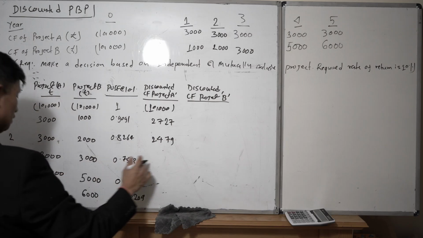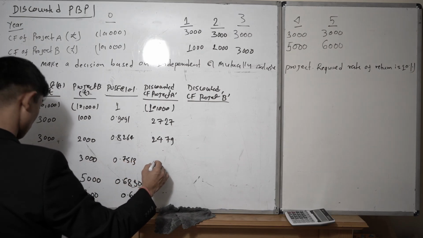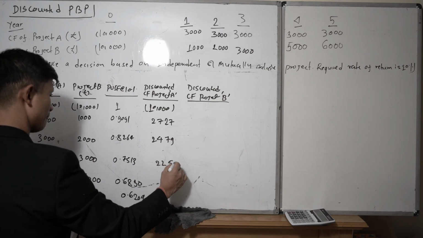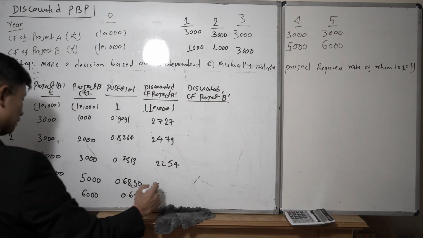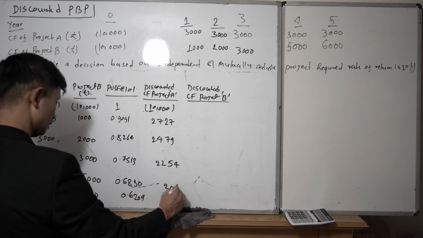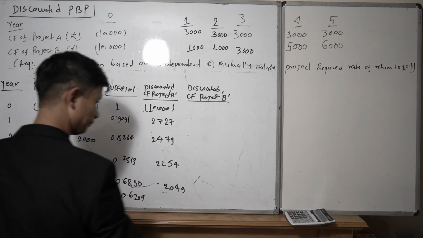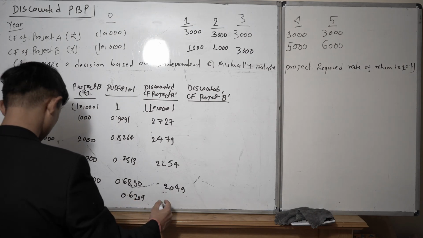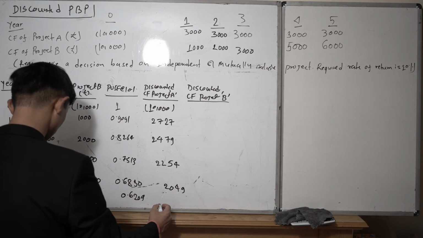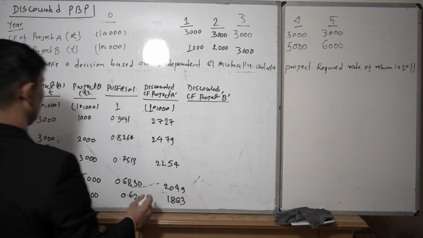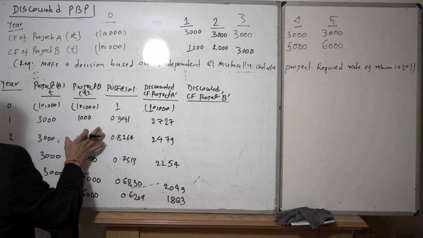Multiply 3,000 by 0.7513, we get 2254. Then multiply 3,000 by 0.6830, we get 2049. Then lastly, 3,000 multiplied by 0.6209, we get 1863.